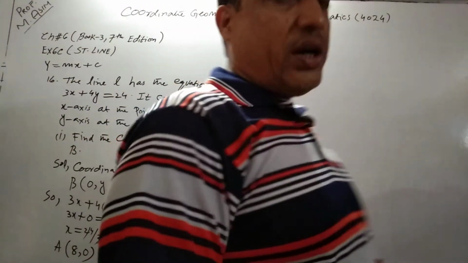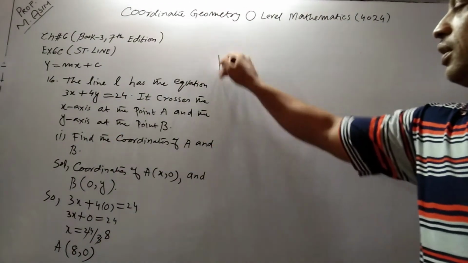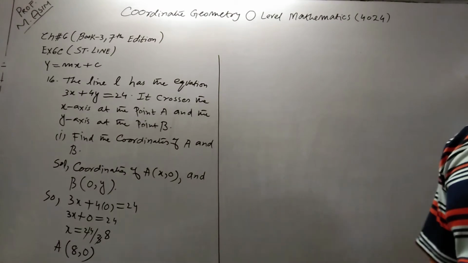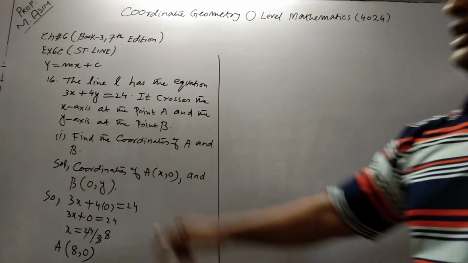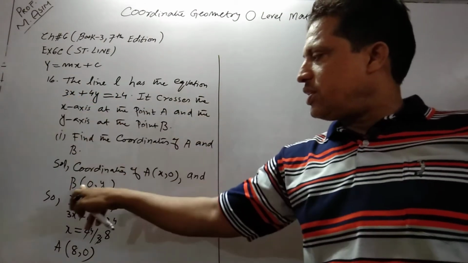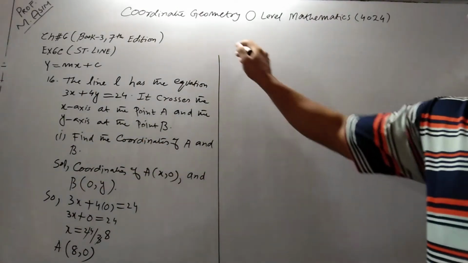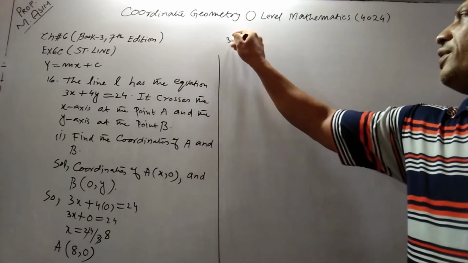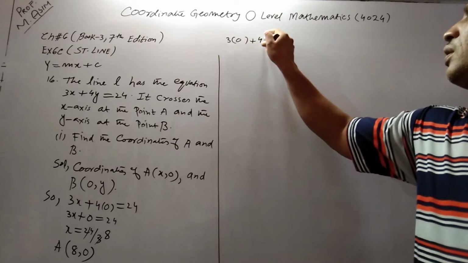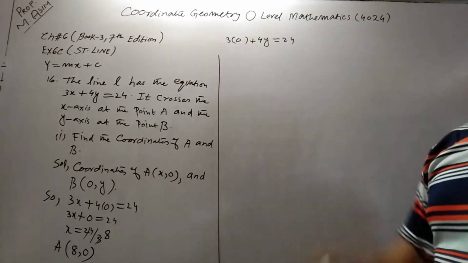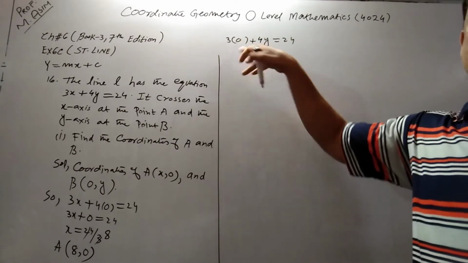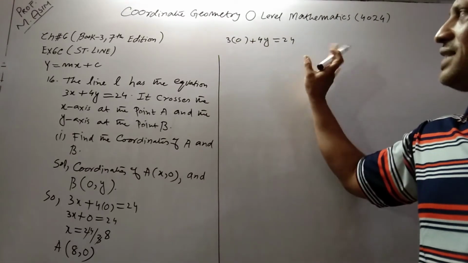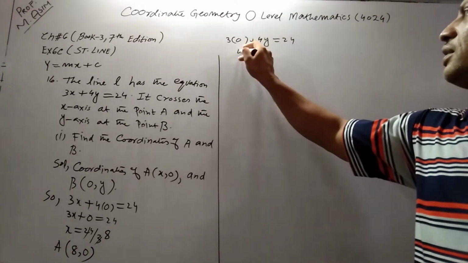Come to coordinates of B. How to find coordinates of B? We put x is 0 because this is on y-axis. So 3 into x means 3 into 0 plus 4y is equals to 24. 3 into 0 is 0. 0 plus something is nothing.